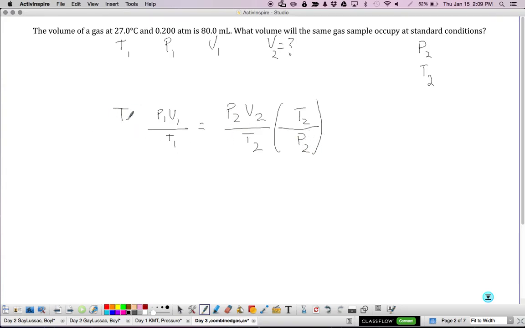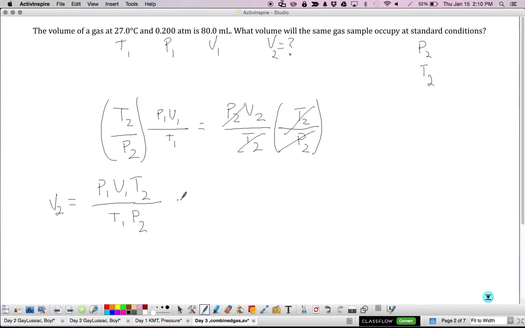I'll do that on both sides. These cancel, and I get V2 equals P1 V1 over T1 times T2 over P2.